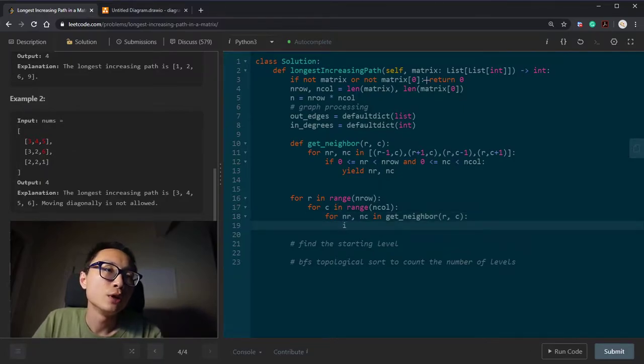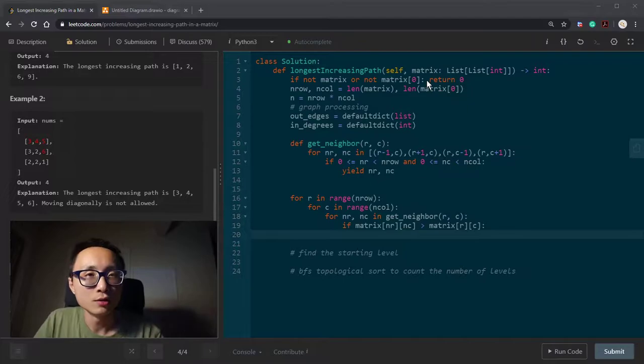So here it will be, if this next location has a value that's strictly larger than this cell value we're looking at, that means we can go to the neighbor to form a path that's one longer.